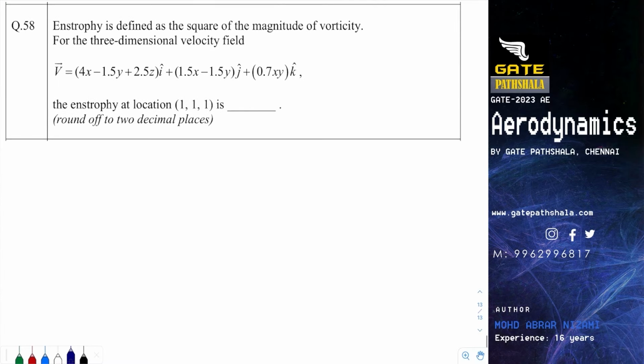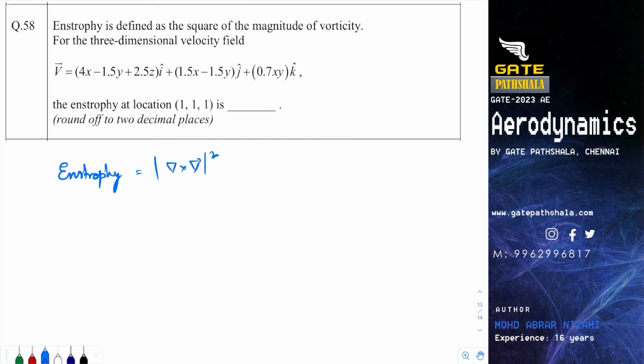Now, looking at the last question from the aerodynamics section, there's a term called entropy. Entropy is given by mod of curl of V bar whole square.